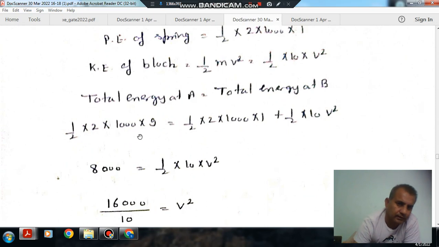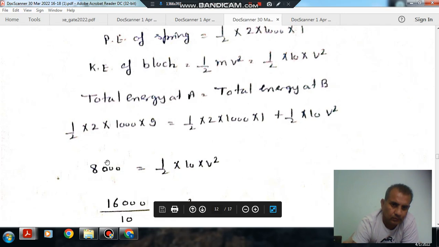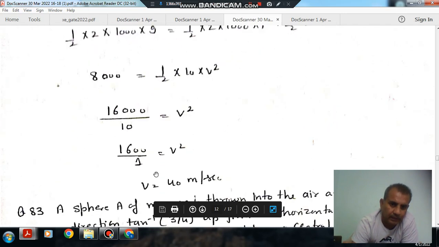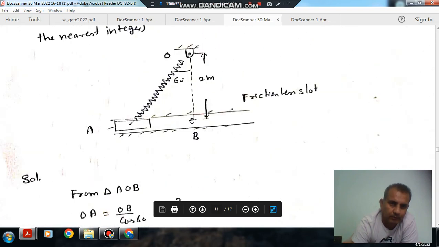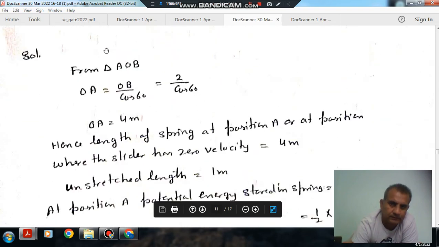So half into 2 into 1000 into 1 plus half into 10 into v square. From this we get v square is equal to 600, so the velocity at point B is 40 meter per second.